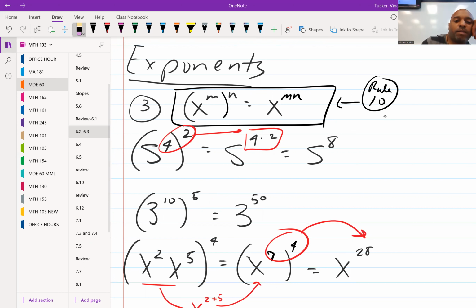Same thing if I have 3 to the 10th raised to the 5th power. Just multiply your exponents. And that's 10 times 5, which is 50.